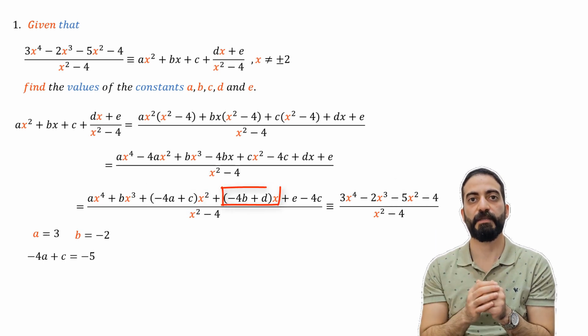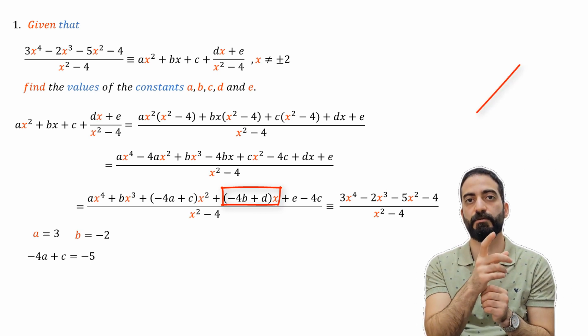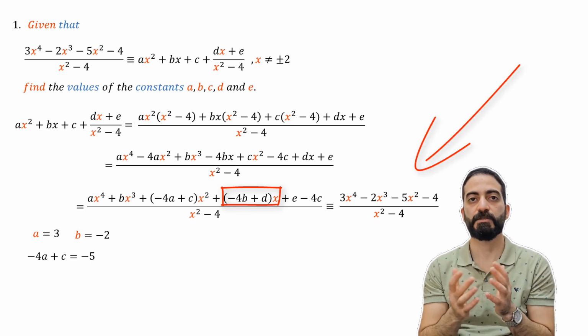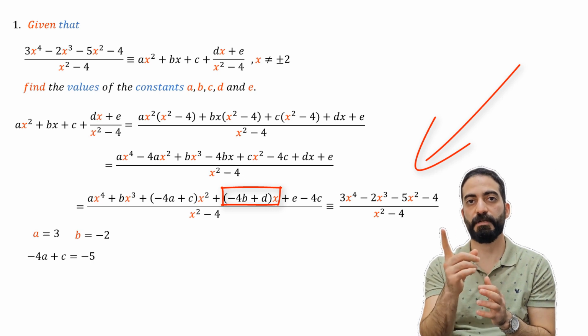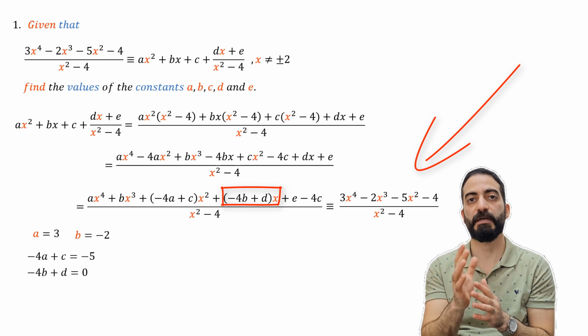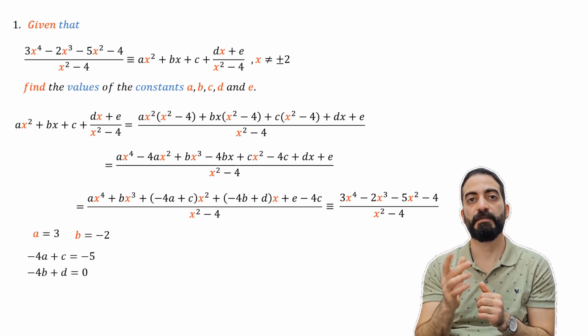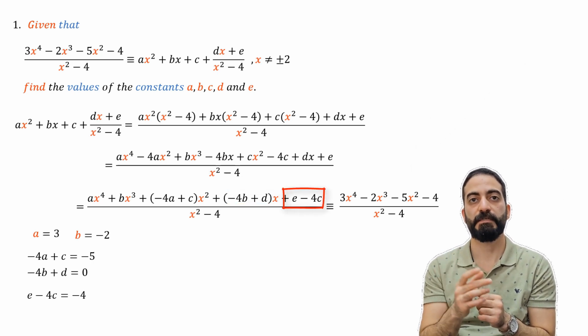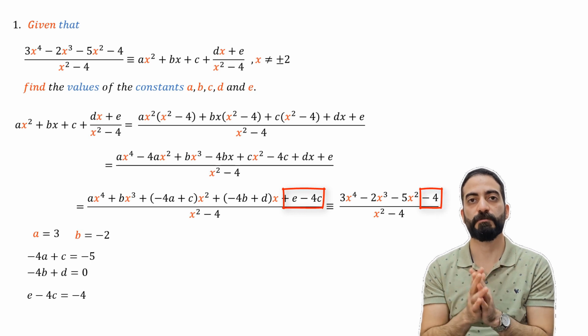And here we have (minus 4B plus D) x, and here we do not have x. This means that minus 4B plus D equals 0, because here we do not have x. And E minus 4C equals minus 4.